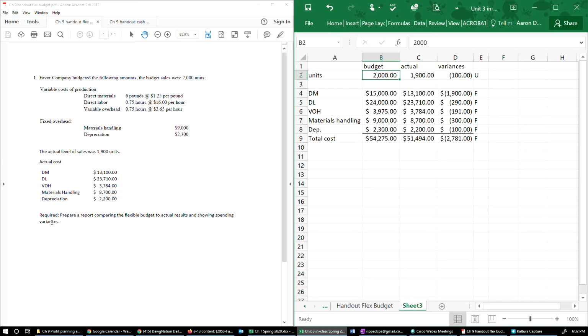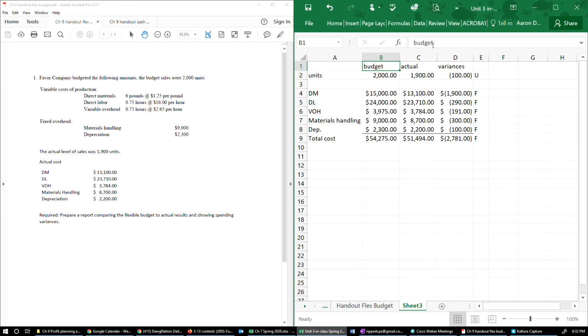Let me say that again. We're going to create a report comparing the flexible budget, which we've yet to create, but we will, to the actual results, right? And the variances that we get will provide useful information. I'll expound upon that when we get there.